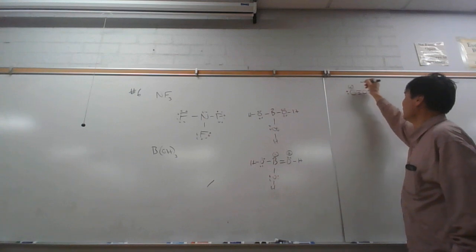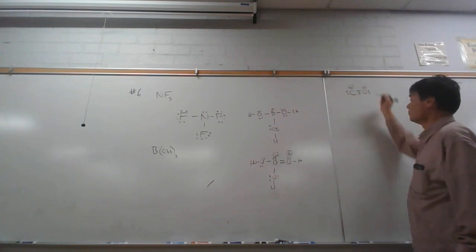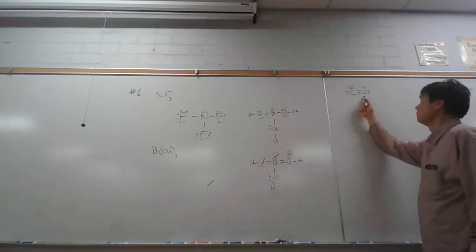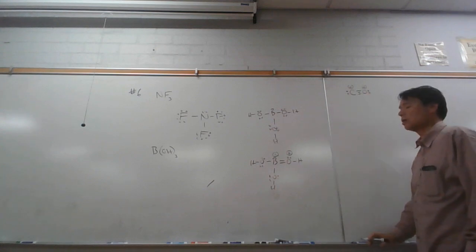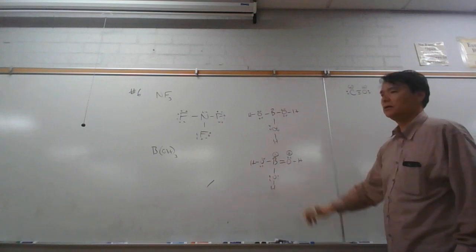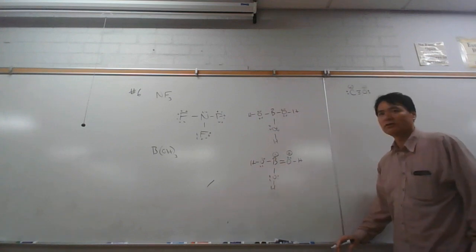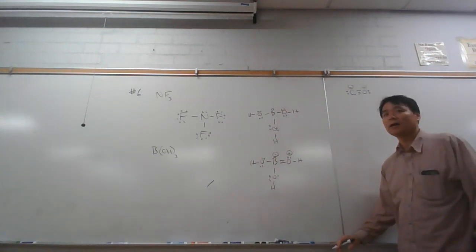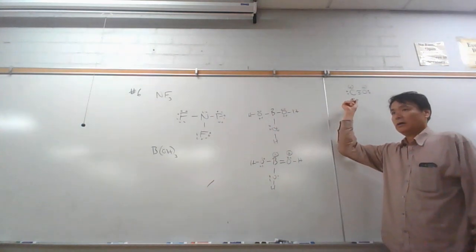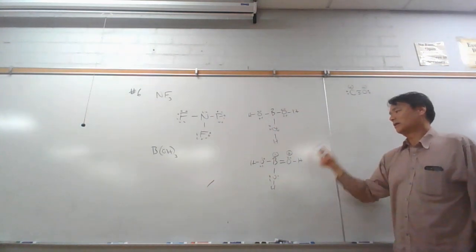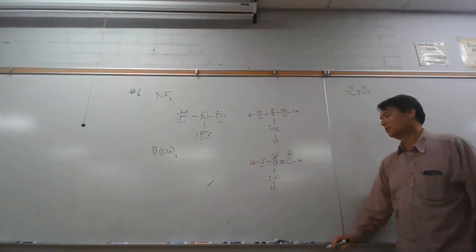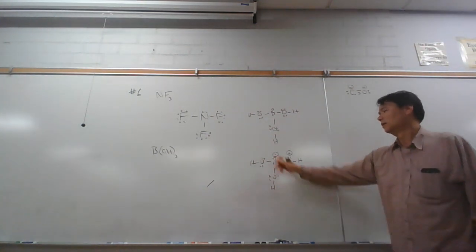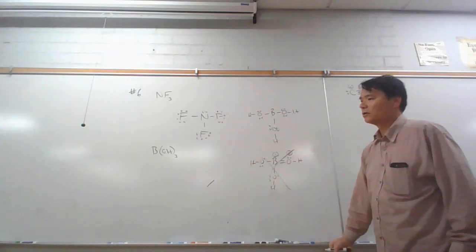We want to obey the octet rule, and so the formal charges get all screwed up. Oxygen becomes positive and carbon becomes a negative formal charge. But in this case, boron doesn't quite have the electronegativity to do something like that. So you just have to know that boron isn't enough, so it's not going to obey.